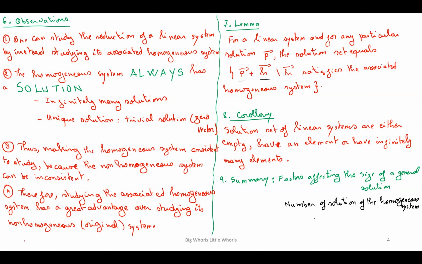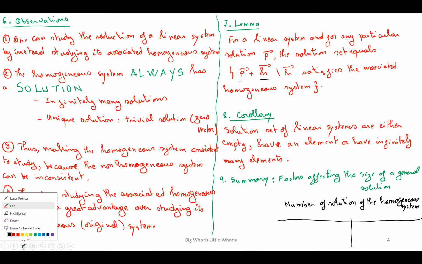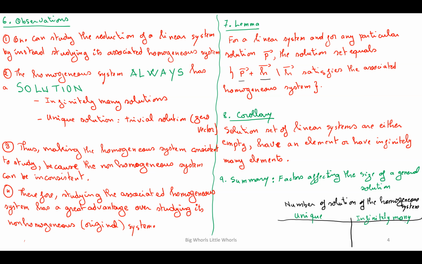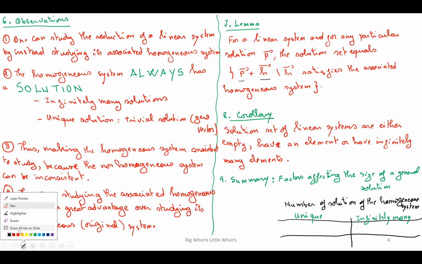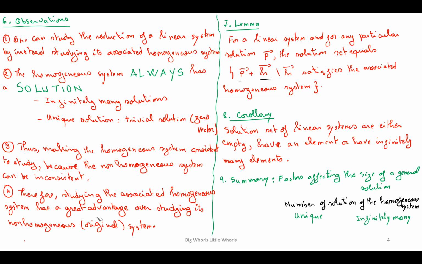We have seen so far that the homogeneous system can have two options: either a unique solution or infinitely many. So now let's split this into two.